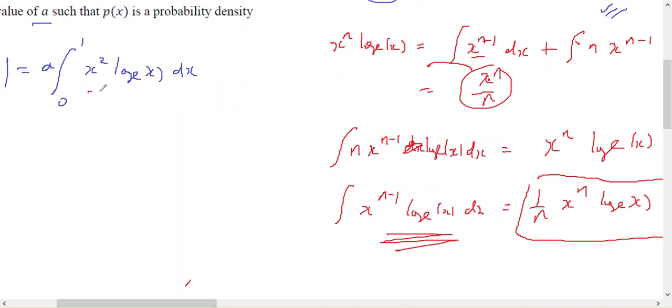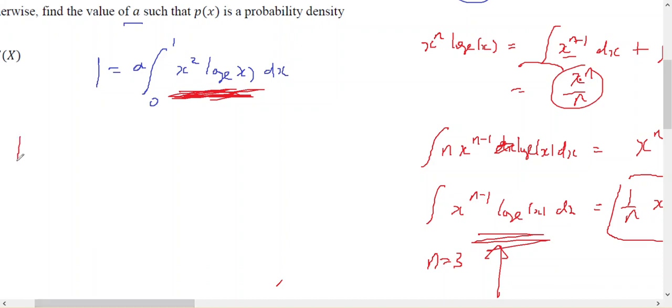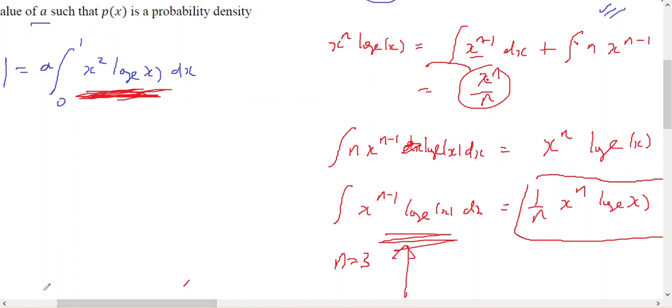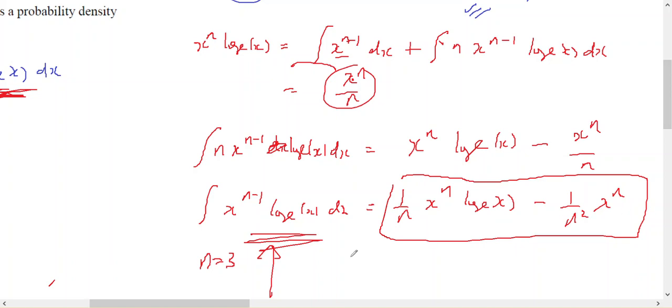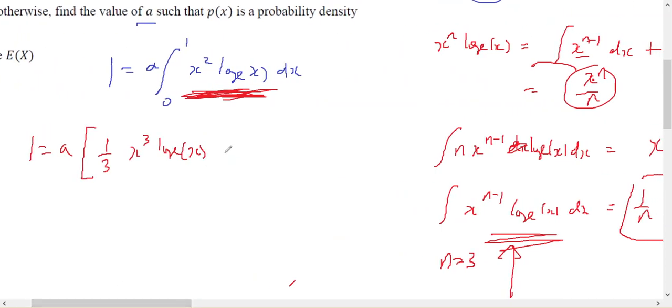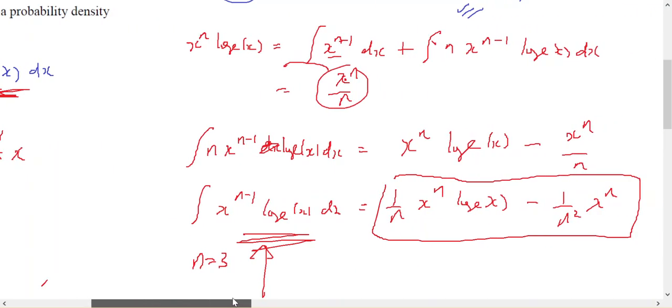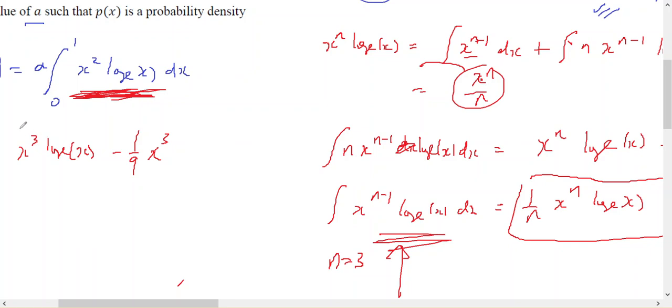And this integral here that I'm looking for is this when n equals 3. So 1 equals a times, when n equals 3, I'll end up with 1/3 x^3 log_e(x) minus 1/9 x^3, from 0 to 1.